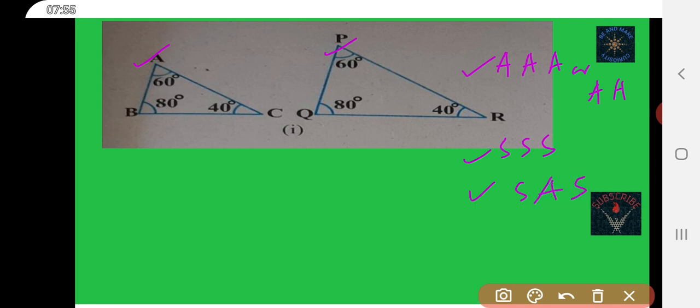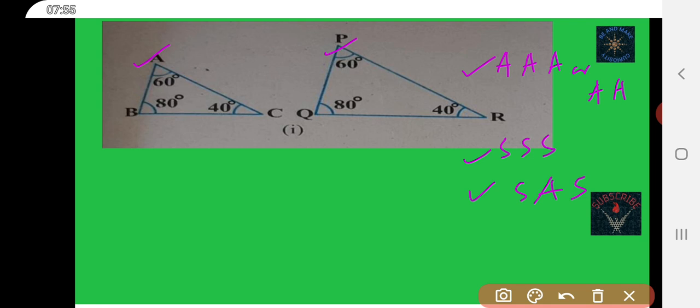Three criteria are there, and using any one of them we can check whether two triangles are similar or not.